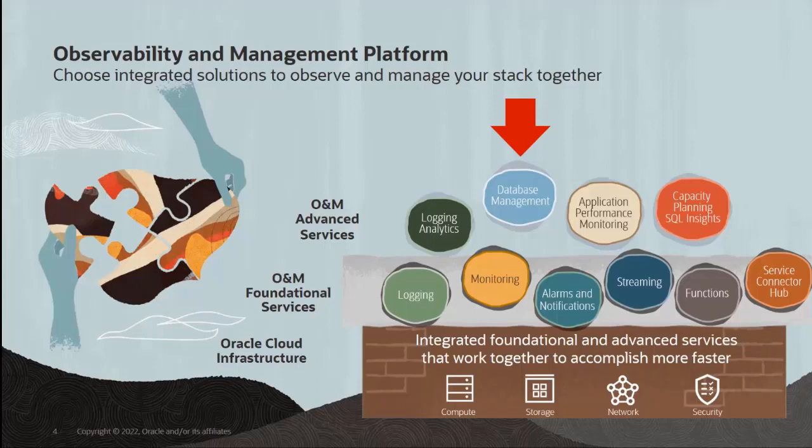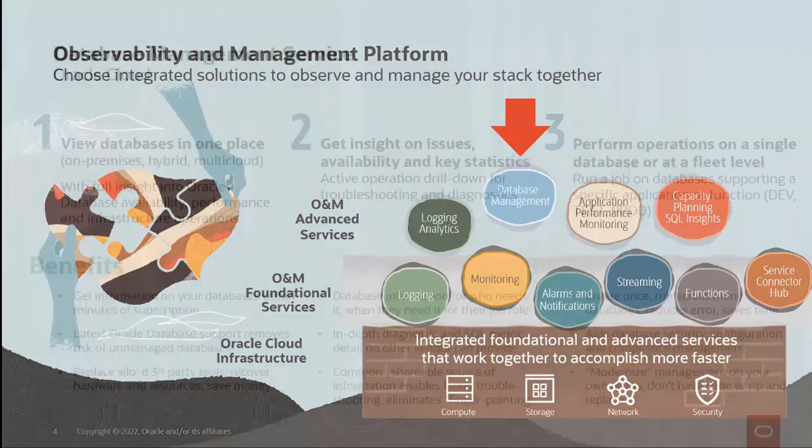So if you're starting out, let's say with logging analytics, and you're analyzing the logs of your applications, and you find you need a deeper dive into your databases, that's an incremental add. You're not starting over, you're not using a different tool or functionality. It's all built in. So these are all integrated services, which makes it very easy and fast to get rapid insights and leverage automation to resolve problems and those kinds of things. So that's the whole platform. Today, we're going to focus on database management. Sriram, let me turn it over to you.